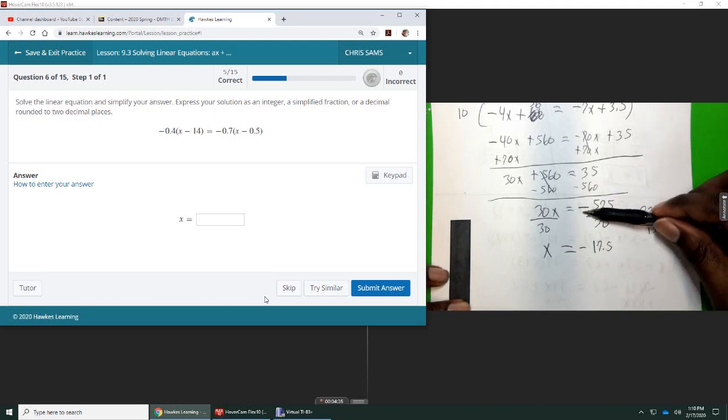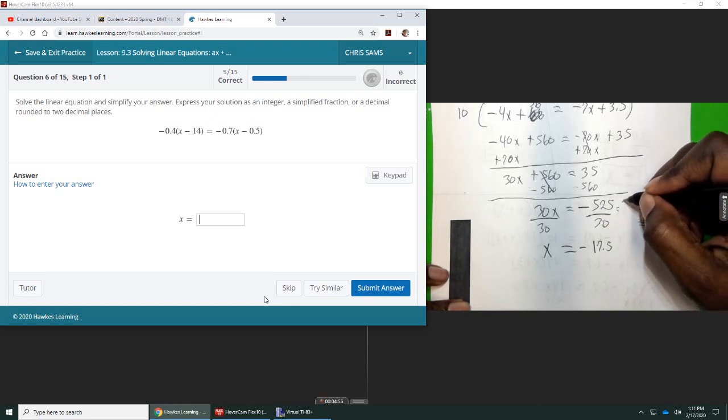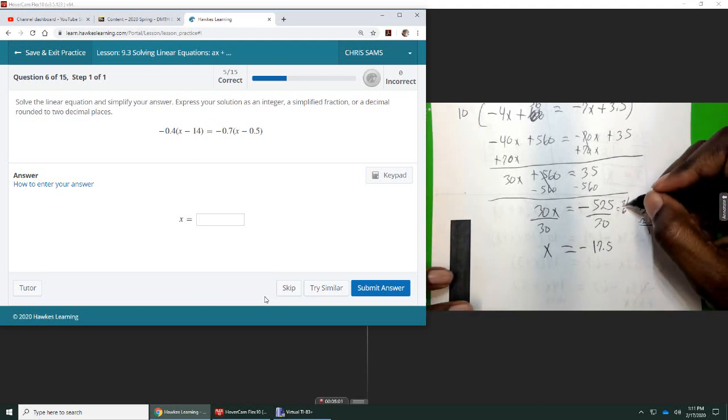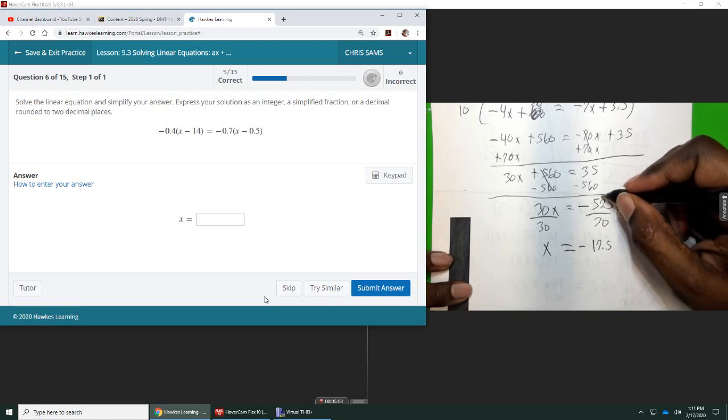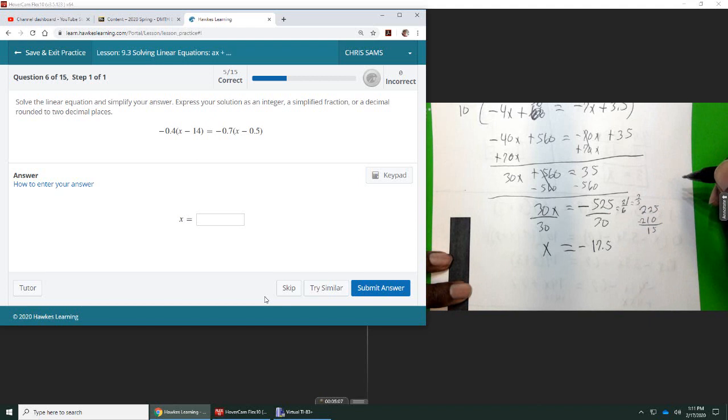So you can reduce this by dividing both numbers by 5. And think quarters, this will give you 21 over 6, and then these can both be divided by 3. So I can divide both of these by 15 essentially, and we get 7 over 3.